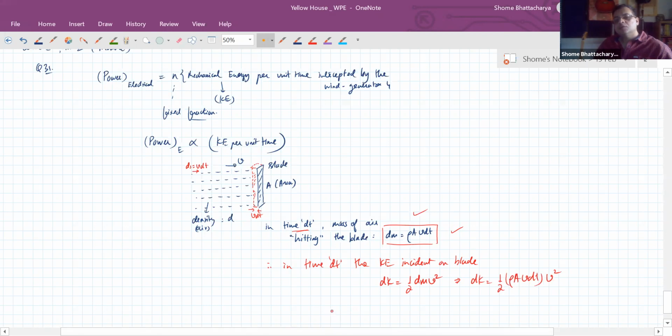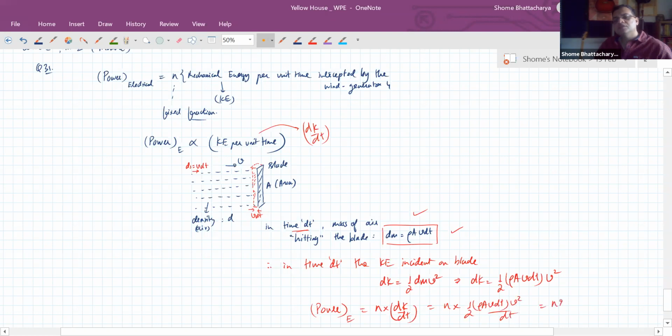So the electrical power generated will be some fixed constant n into the rate of kinetic energy per unit time. This kinetic energy per unit time, you can think of it like this. So it is n into that, divided by dt.